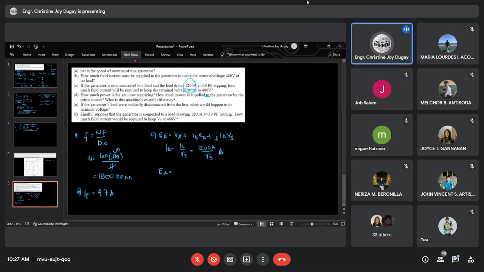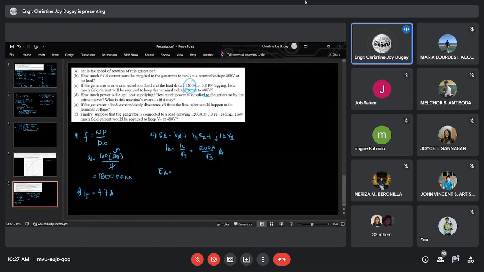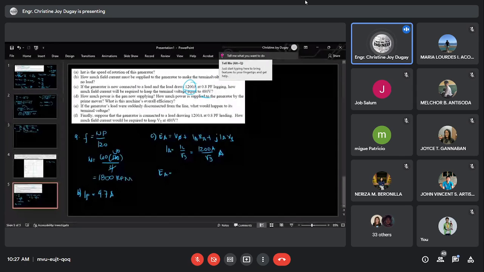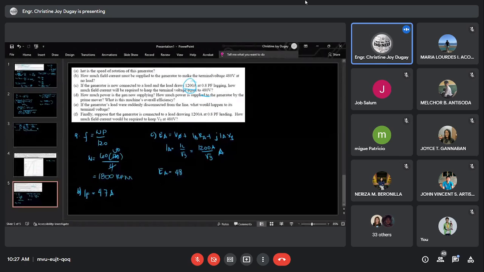So EA po ngayon natin. So ang tanong, what is the V phase? Ano ang value po ng V phase po natin? So that is equal to, nasabi po dyan sa problem na 480 po siya, since V phase is equal to V terminal, delta connected, no? 480 angle of 0 plus 1,200 over square root of 3 multiplied by RA.